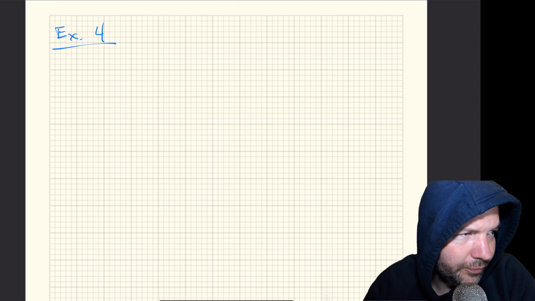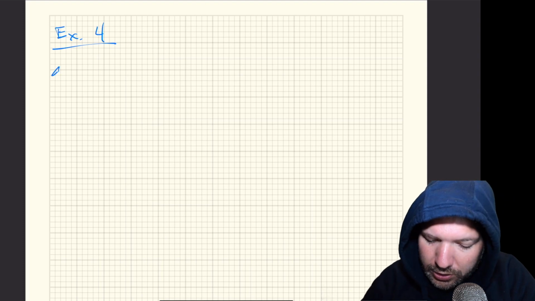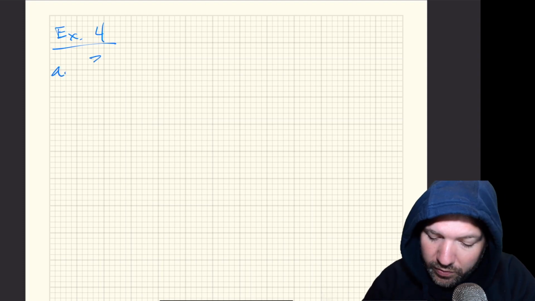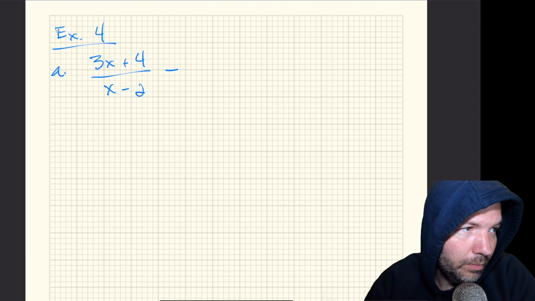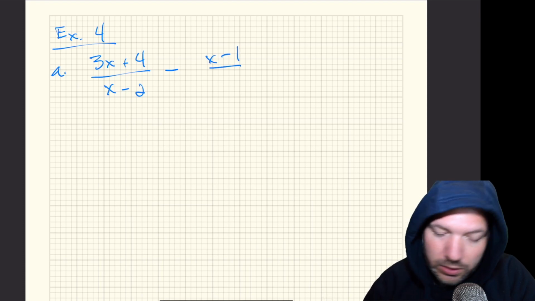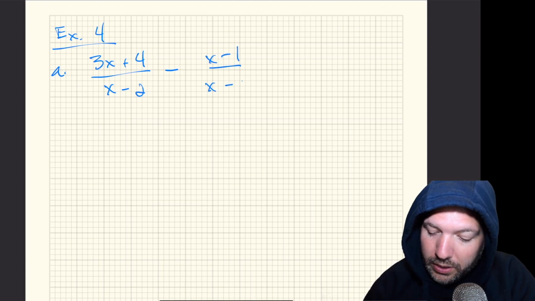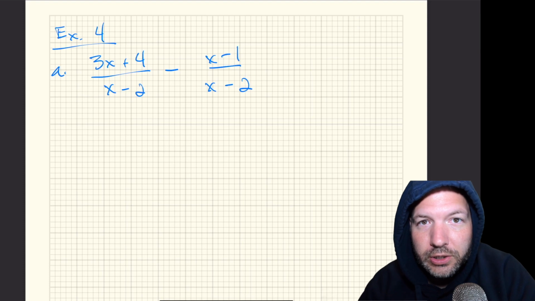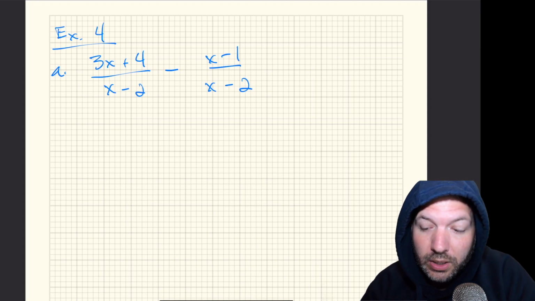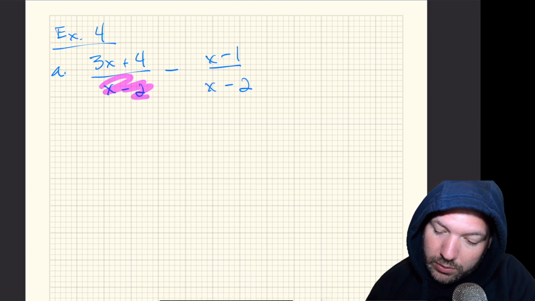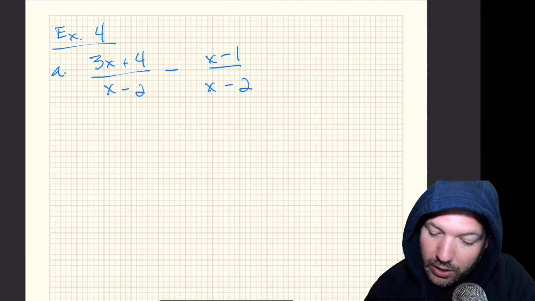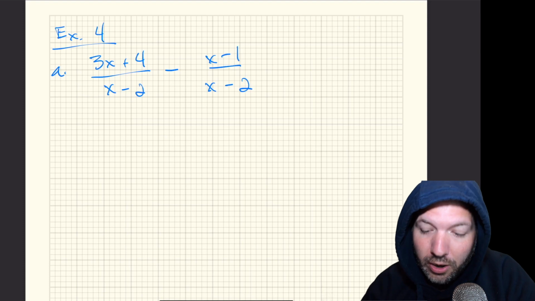So on example 4, we're doing some subtraction instead. We've got 3x plus 4 over x minus 2, minus x minus 1 over x minus 2. Now, first of all, with subtraction, we still need common denominators, which fortunately we have here: x minus 2, x minus 2. But we have to be really careful here.